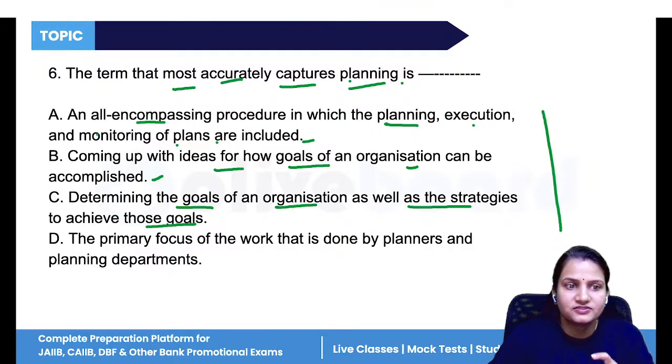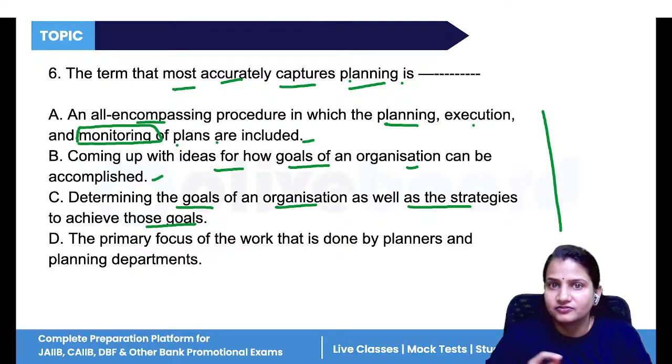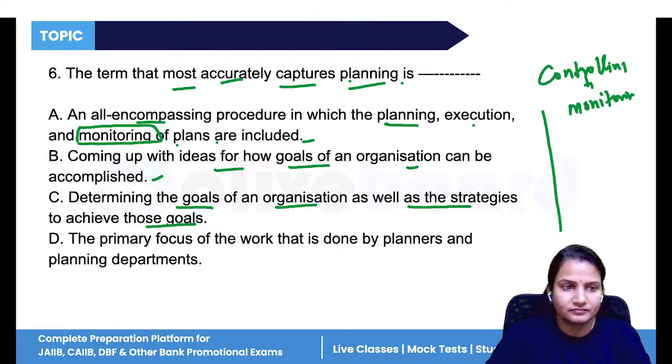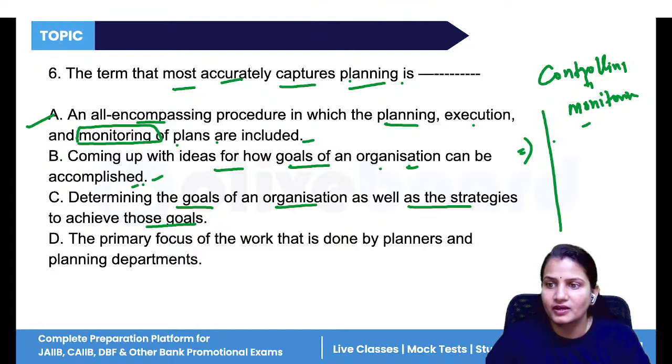So if you see the first, the words say monitoring of plans. Now, we have learned in controlling that controlling refers to the monitoring of all the activities. So this is a part of controlling. Now, coming up with ideas for how goals of an organization can be accomplished. This you can do through brainstorming, coming up with different ideas, different solutions.